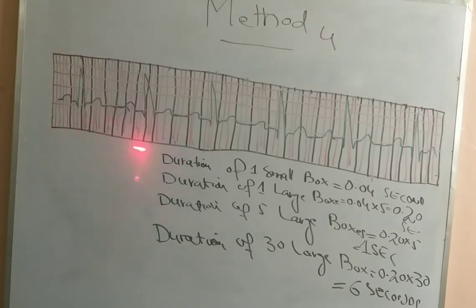That gives us the heart rate in that ECG. So what is heart rate over here? 1, 2, 3, 4, 5, 6 multiplied with 10, that gives a heart rate of 60 beats per minute.